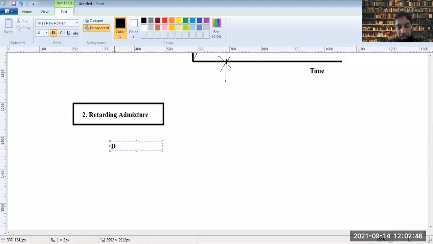Once you are mixing the admixture, it delays the setting of the cement paste. Now, there are situations where we want to delay the setting of the cement paste, which are actually temperature based conditions.